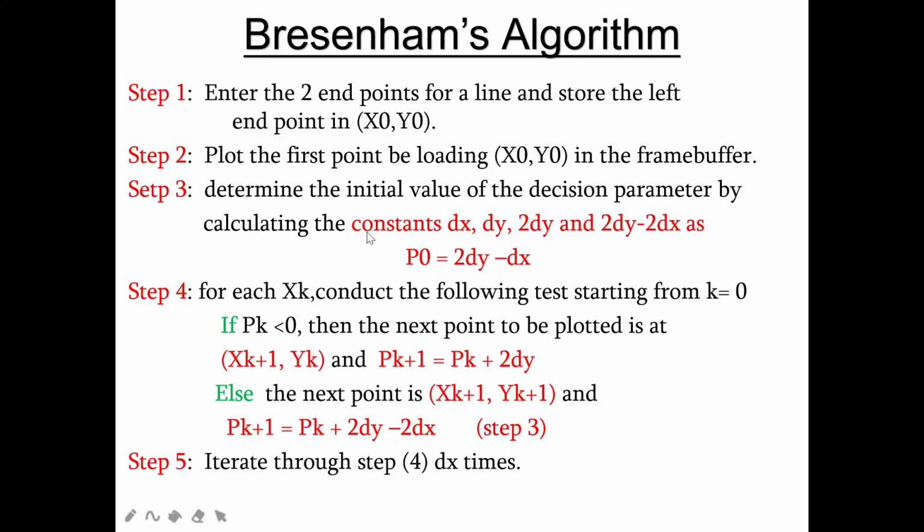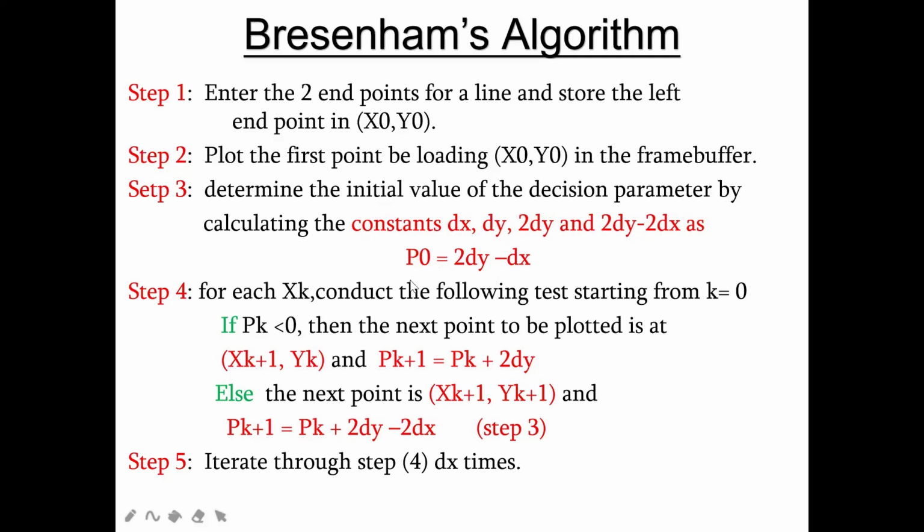Then in the next step you have to determine the initial value of your decision parameter. So how do you find it? You have to find the dx value, dy value, 2 dy value, and then the 2 dy minus 2 dx value. Then once you get all these values, you have to find the value of your p0.